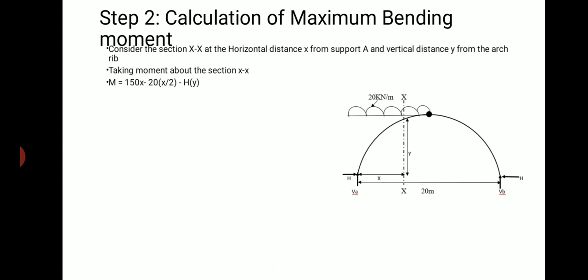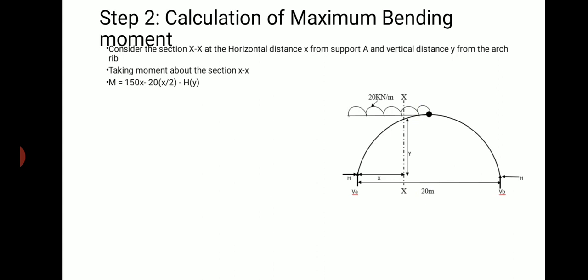VA into x minus H into y, and then the 20 kilonewton per meter load. If I consider the moment about XX, at x distance the 20 kilonewton per meter is acting.